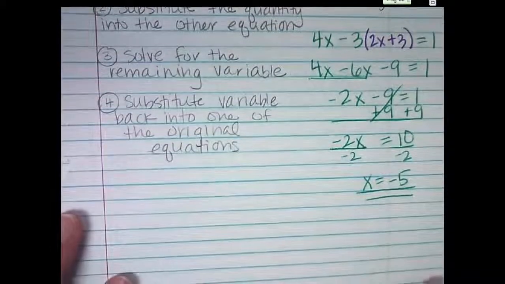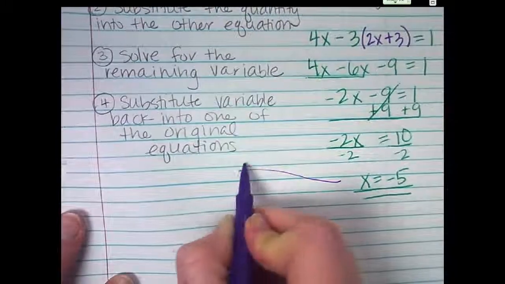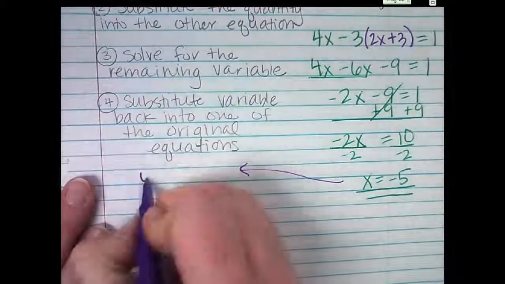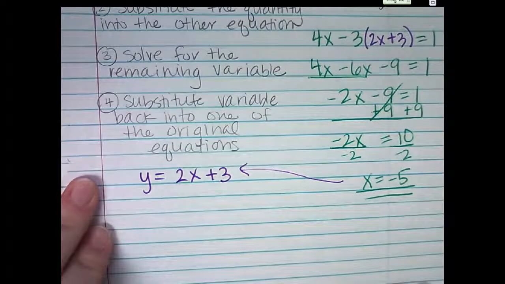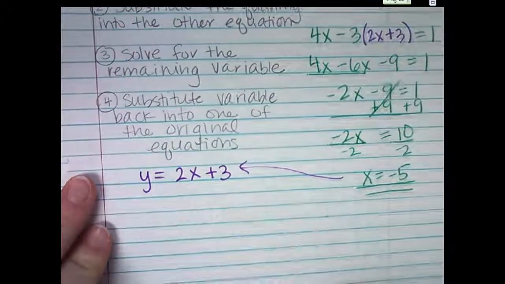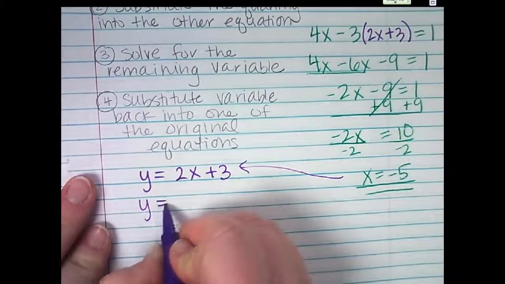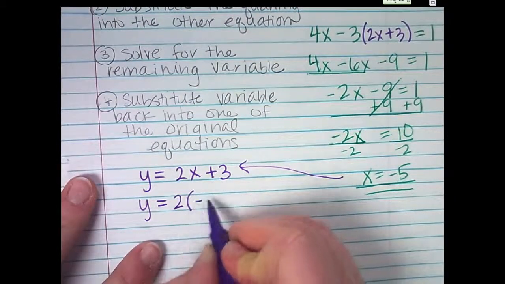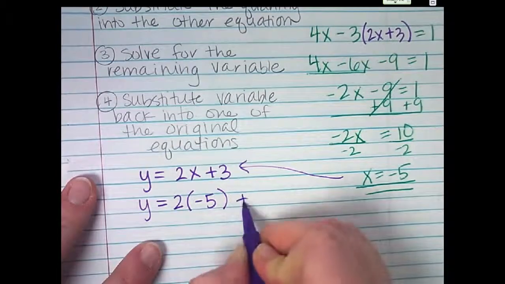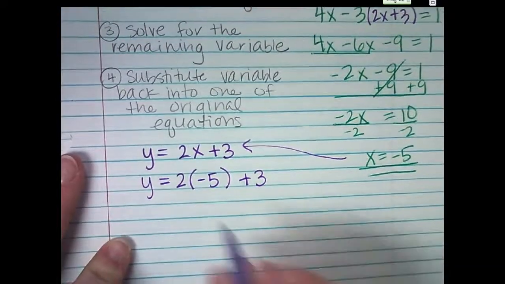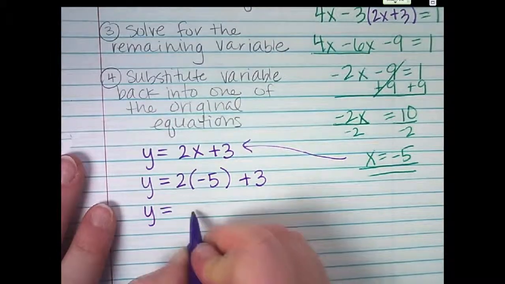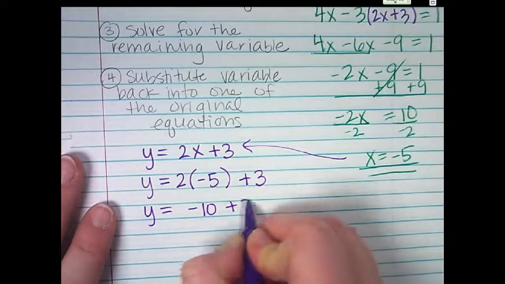Sorry, this was a long one. So I'm going to take this x equals negative 5 right here, and I'm going to put it into that first equation, y equals 2x plus 3. It doesn't matter which one you put it in, either the first one or the second one. But now we know what x equals. So put negative 5 in. So negative 10 plus 3.